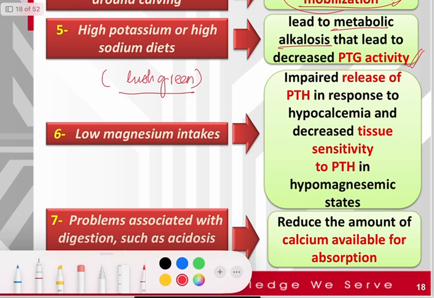Low magnesium intake results in impaired release of parathyroid hormone in response to hypocalcemia, and decreased tissue sensitivity to parathyroid hormone in hypomagnesemic states.